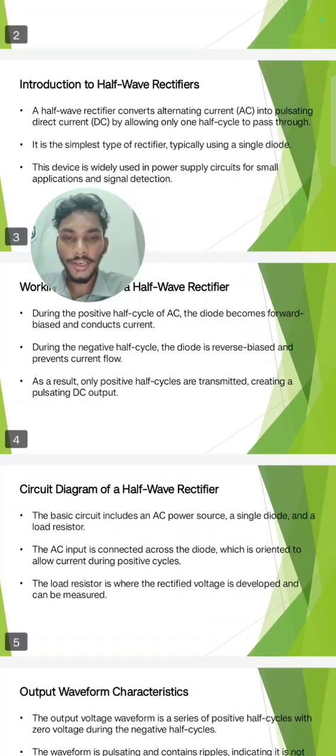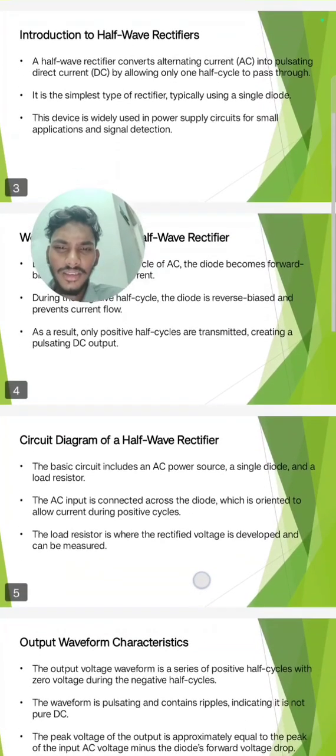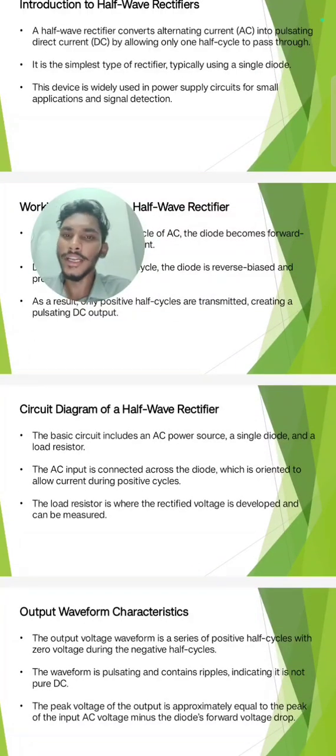Now the circuit diagram of the half-wave rectifier. The basic circuit includes an AC power source, that is a 230 volts AC supply with 50 Hz frequency, a single diode and a load resistor. This is the basic circuit of the half-wave rectifier. The AC input is connected across the diode, which is oriented to allow current only during positive half cycles.